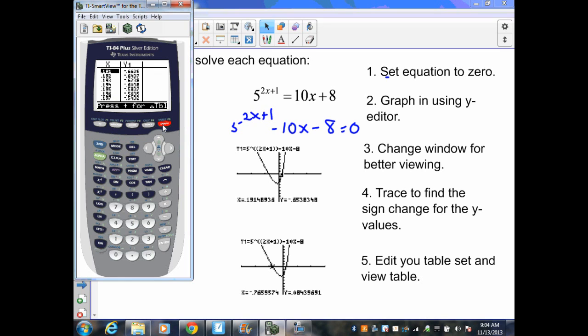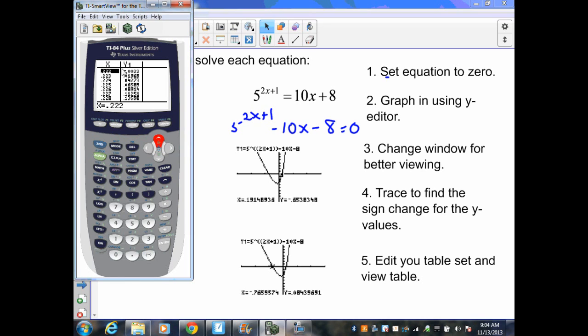And you can see that I'm getting smaller as I go down. I'm getting closer to my 0 on my y value. I'm looking for a negative change to a positive. And I just hit it right here.